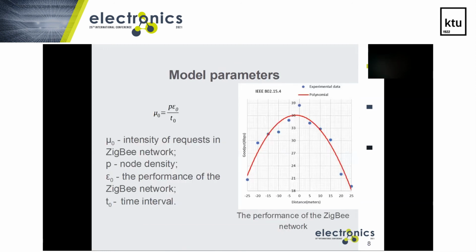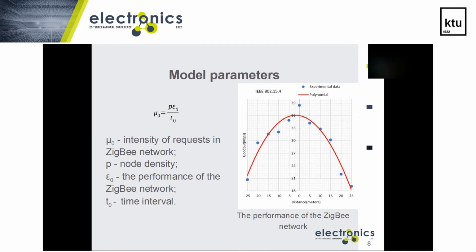In this slide, you can see the approximation function of goodput shown in a figure. Goodput means the number of useful data bits transferred by the network. For example, the data processing intensity is equal to mu0.